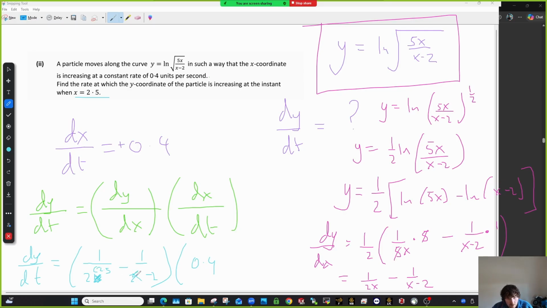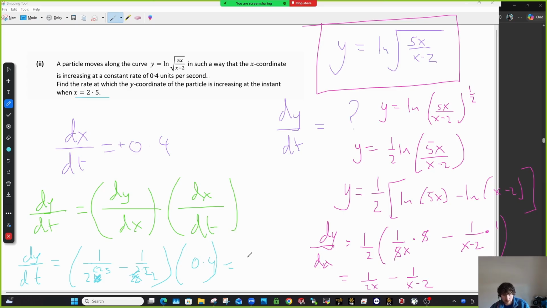Put 2.5 in there for x in your next line. And you get an answer, and I'll get the answer for that now. So that's 1 over 2 times 2.5, minus 1 over 2.5 minus 2, and then multiply all that by 0.4. If I've done that right, I'm getting that.